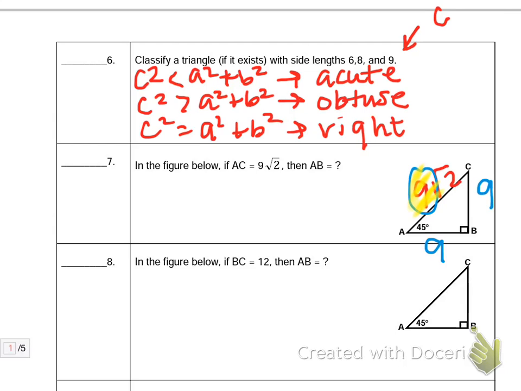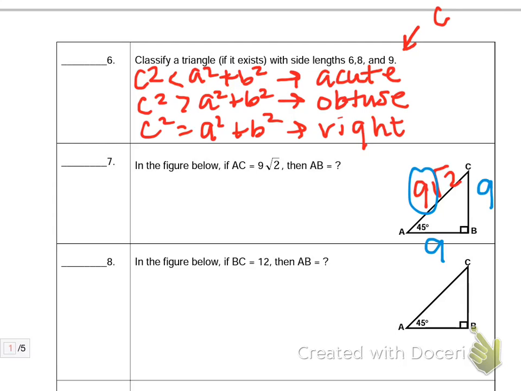So if this 9 was 15, then both of these sides would be 15 as well. If it was 8, both of these sides would be 8. So those other sides just depend on what is in front of the square root of 2.